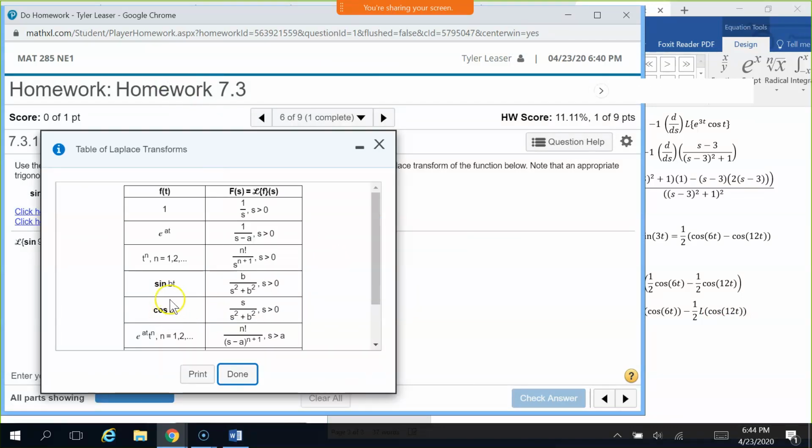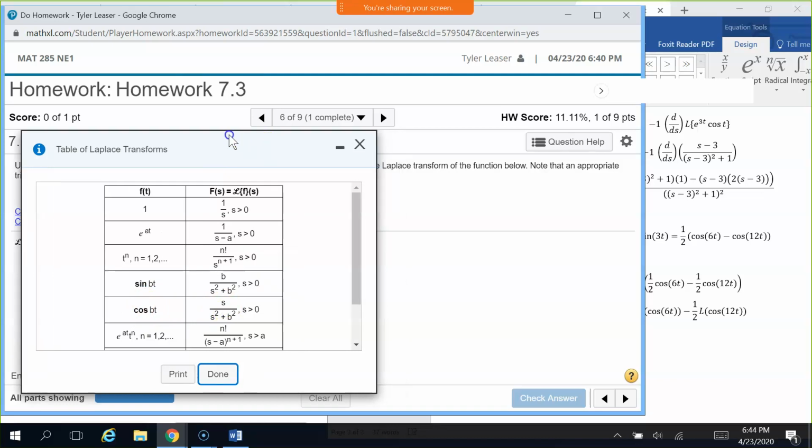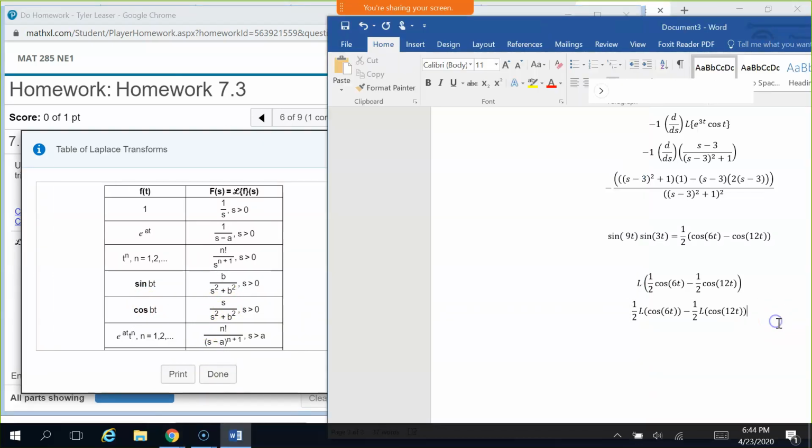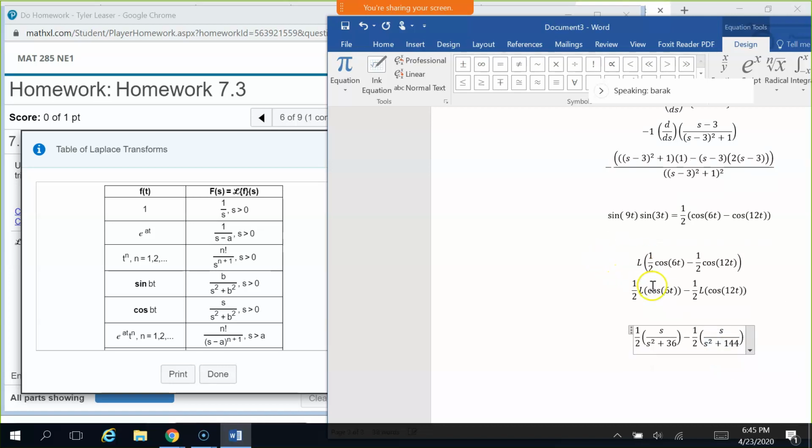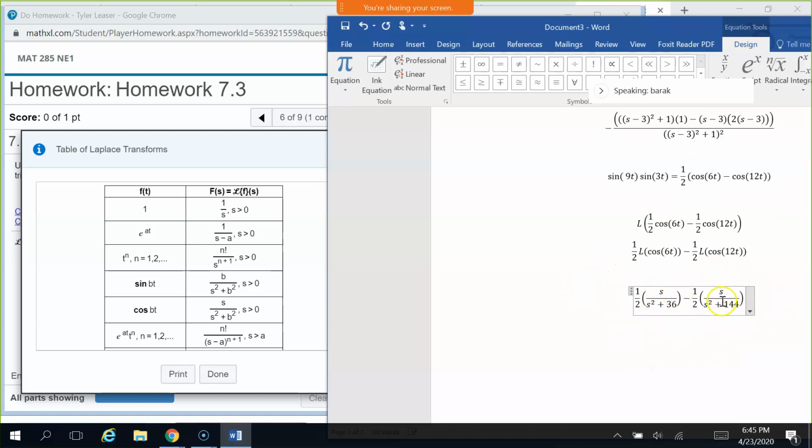Cosine of bt is s over s squared plus b squared. So 1/2 cosine 6t changes into s over s squared plus 6 squared, 36. Minus 1/2 of the cosine 12t, which is s over s squared plus 144. All right, and then I would probably just leave it like that.